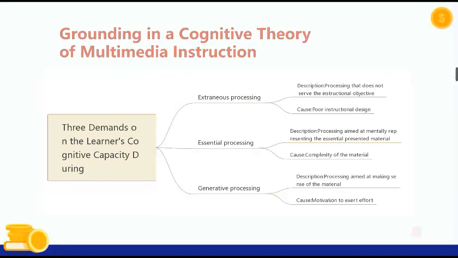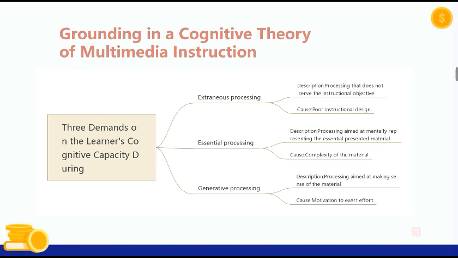And this article lists three demands on the learner's cognitive capacity during instruction. The first one is extraneous processing. It doesn't serve the instructional objective. It can be caused by poor instructional design. Second is essential processing.